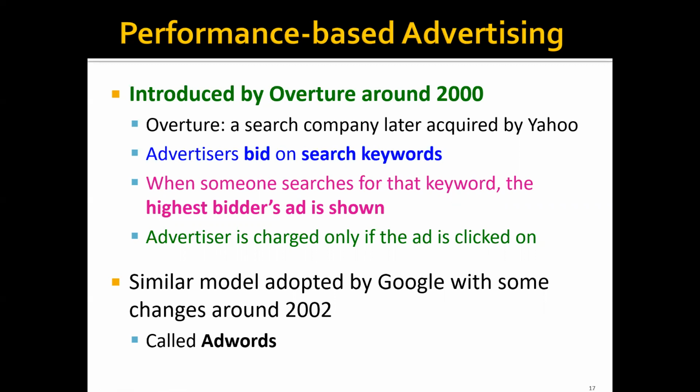One key innovation of performance-based advertising is that the advertiser is charged only if the ad is clicked on. So in this case, they don't have to worry about low click-through rates. A similar model was adopted by Google with some changes around 2002, and it's called AdWords.